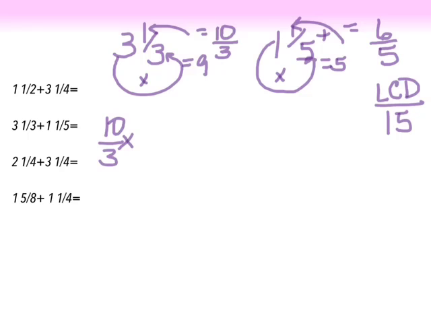So 10/3 times something, so that I have 15 in the denominator. And 6/5 times something, so that I have 15 in the denominator.